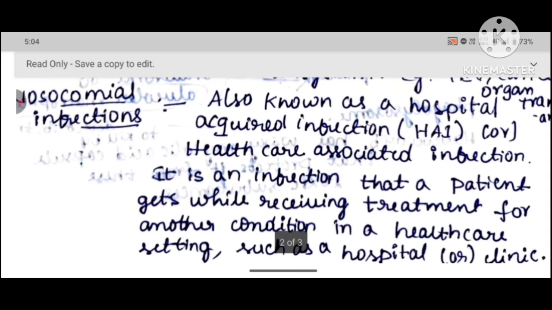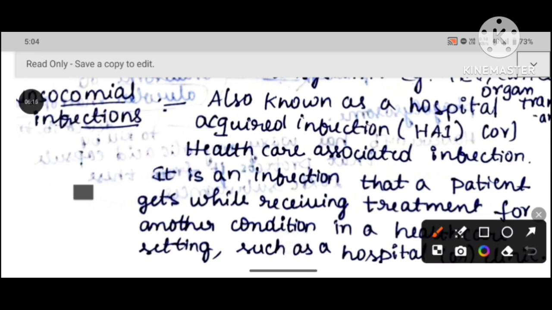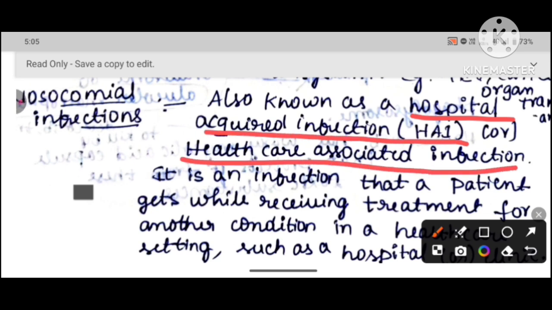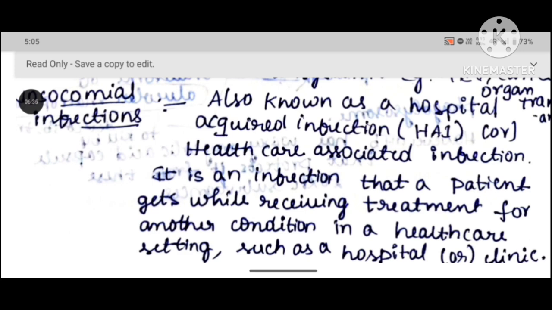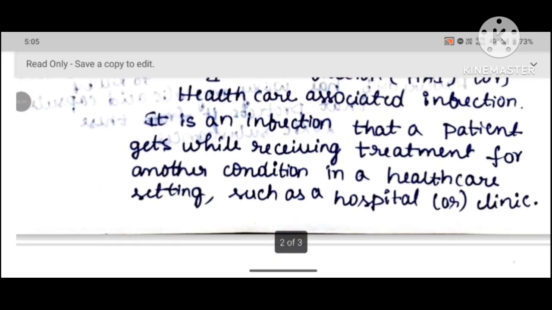Next one, nosocomial infections. Nosocomial infections are also known as hospital acquired infections or healthcare associated infections. It is very important to understand that nosocomial infections are the infections that a patient gets while receiving treatment for another condition in a healthcare setting such as a hospital or clinic.